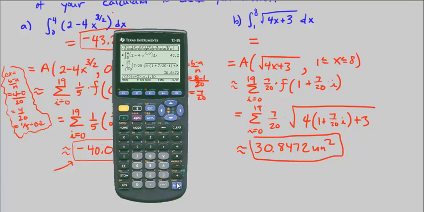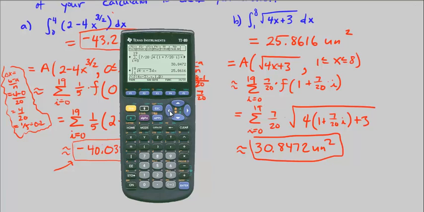And I'm going to use the diamond equals, so I get a decimal answer. And that's equal to 25.8616 units squared. Is that right? Yeah. Alright. Oops. I see I didn't do it right because I'm like, is that a big difference? This should be plus 3, right? So let me go ahead and fix my equation.